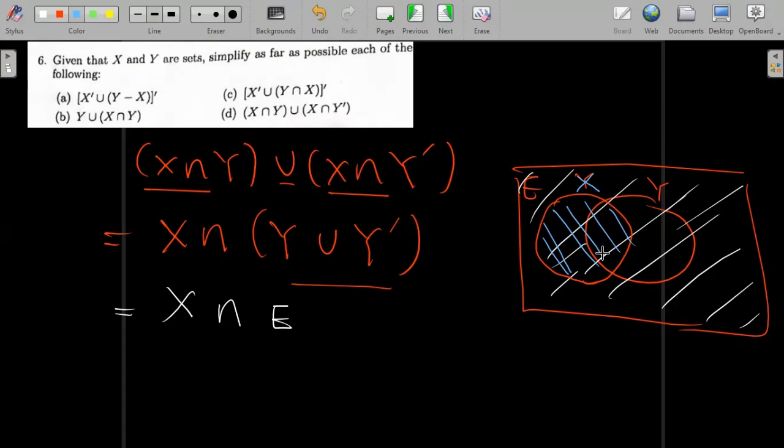And these lines are crossing on the entire set X. So I conclude that this simplifies to the set X. So that's where it ends.